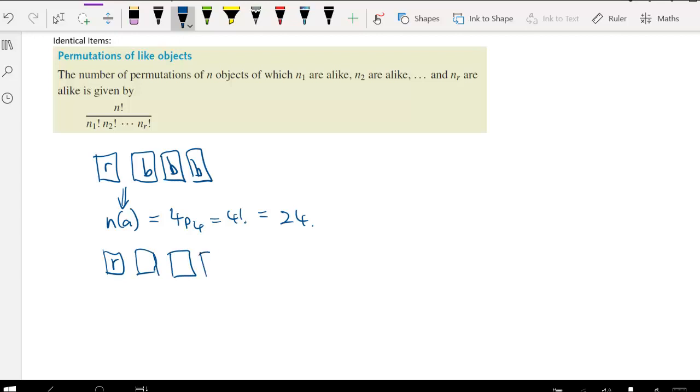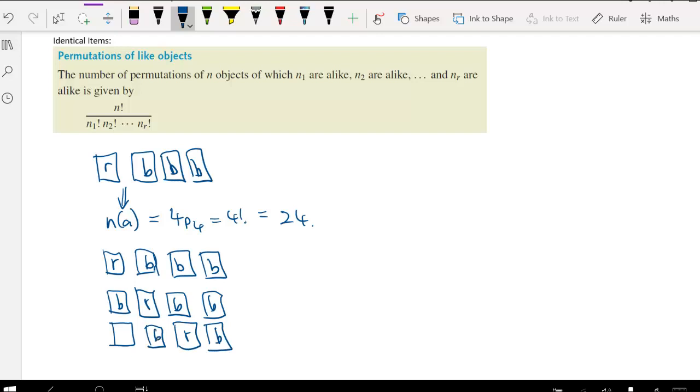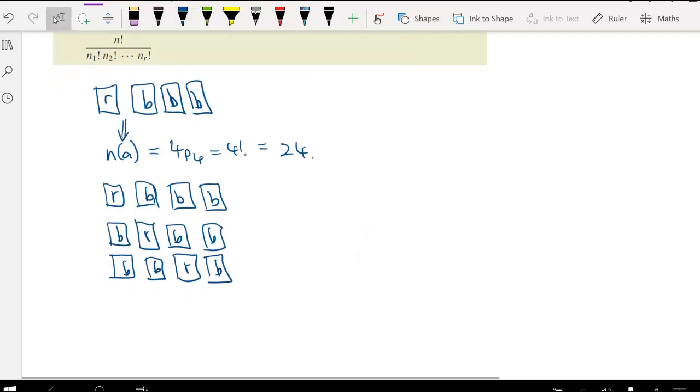For every arrangement, the differences will be the positions of red. I'll have red and 3 blues. I'll have the red in the second position, and then the 3 blues. I'll have the red in the third position, and the 3 blues. Or I can have the red in the fourth position, and the 3 blues.